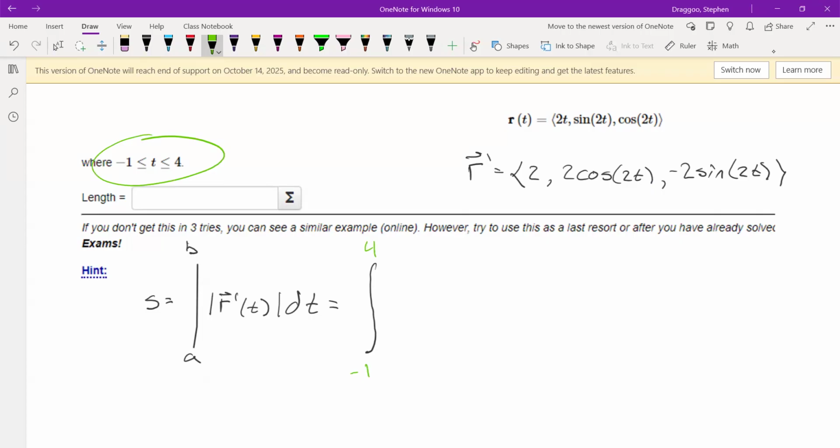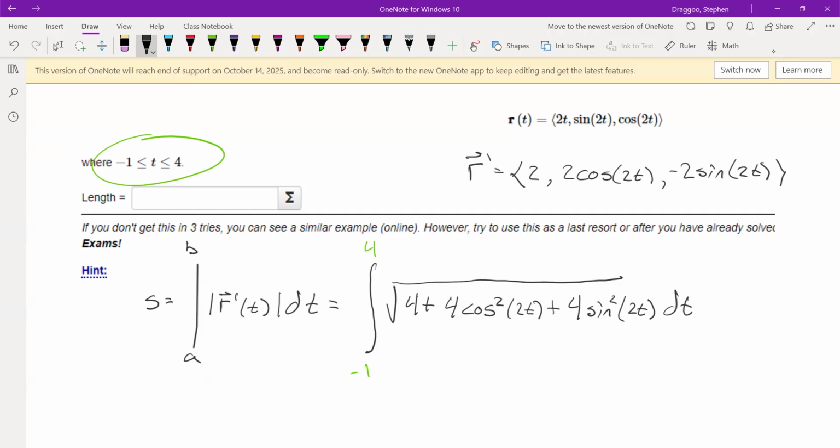So don't forget that part right there. So that magnitude is going to look like what? The square root of 4 cosine squared of 2t plus 4 sine squared of 2t dt. Don't forget that, a negative gets squared away when we square those two bits.